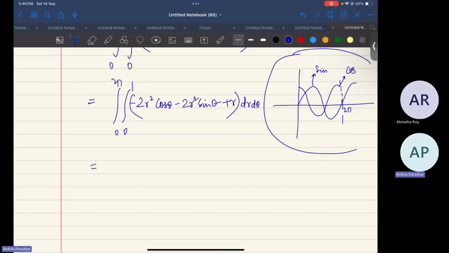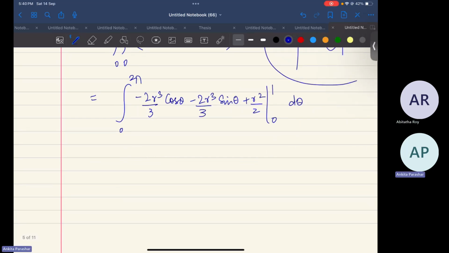For me theta is constant for the moment, so I'll just integrate with respect to r: minus 2r cube by 3, r square by 2, 0 to 1, d theta, 0 to 2 pi. Minus 2 by 3 cos theta minus 2 by 3 sine theta, and then 1 by 2. That's all. Are you getting the same?